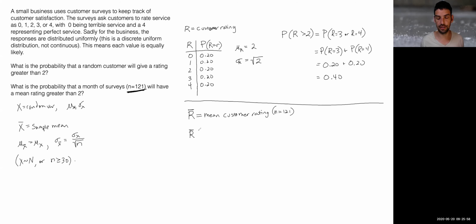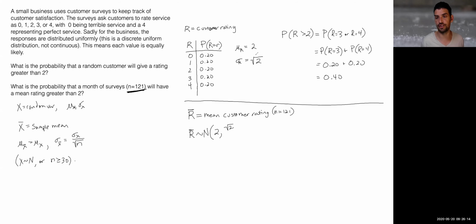According to the central limit theorem, we can assume that r bar follows a normal distribution with the same mean as r, in this case 2, and a new standard deviation, which is the square root of 2.